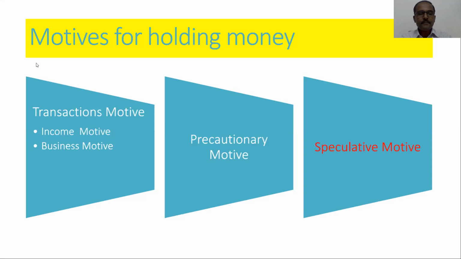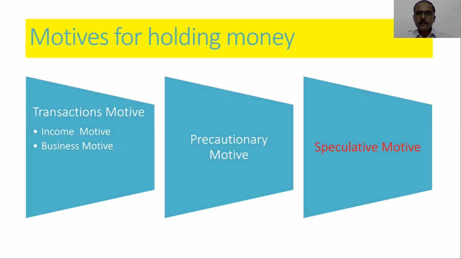The second motive is the business motive. In the case of businesses, many entrepreneurs also need cash, also need liquid money in order to meet various expenses in day-to-day transactions, such as to pay electricity bills, to settle the rent, to buy raw material, to pay wages, etc. And sometimes these entrepreneurs may receive income once in a month, once in 2 months, once in a quarter.